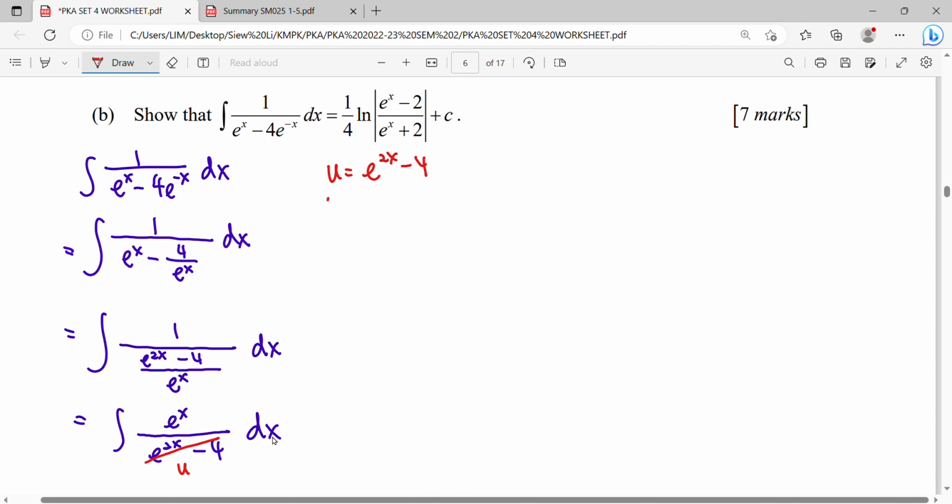Differentiate: du/dx, differentiate with respect to x, e^x times 2, so 2e^(2x). Right? Can we substitute? You can't see this e^x dx, so we can't substitute, right? So our selection of u is not suitable because we can't substitute every part. So, change.